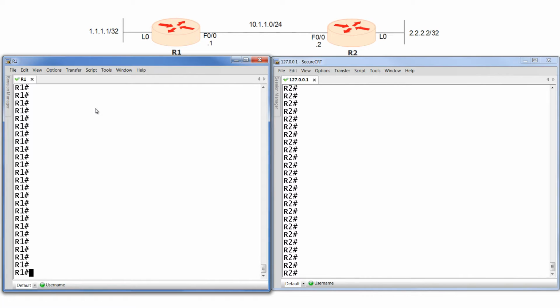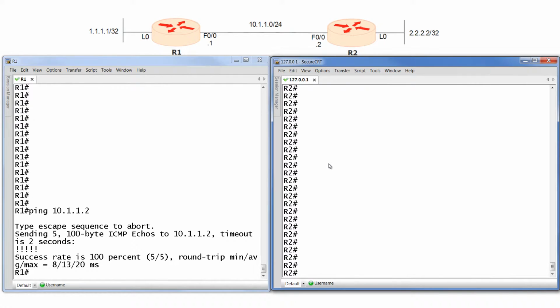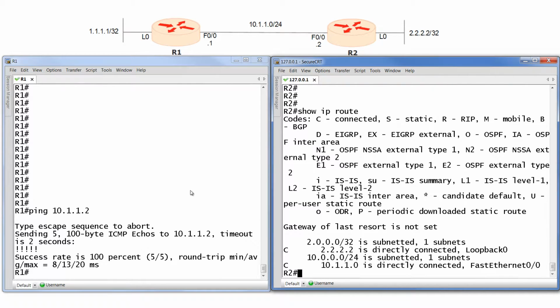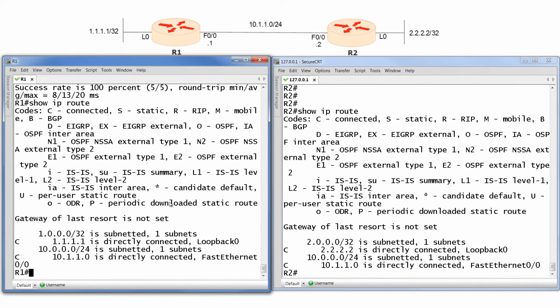So the first command I have for you is this one. The second command is show ip route, and this one I will run on both routers for you. Okay? And there is only one more command that I will give you, and then you have to identify what the problem is.